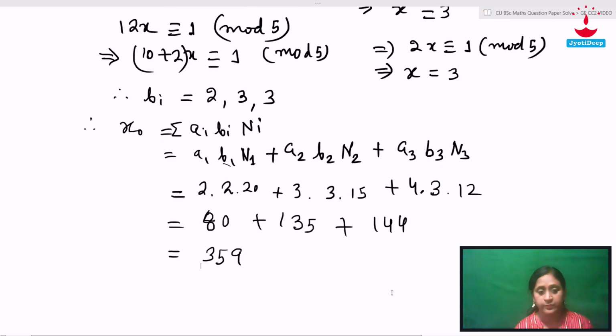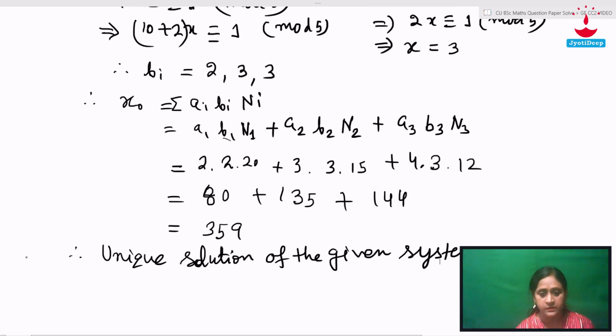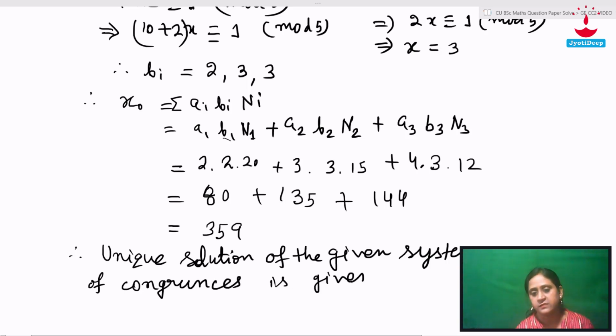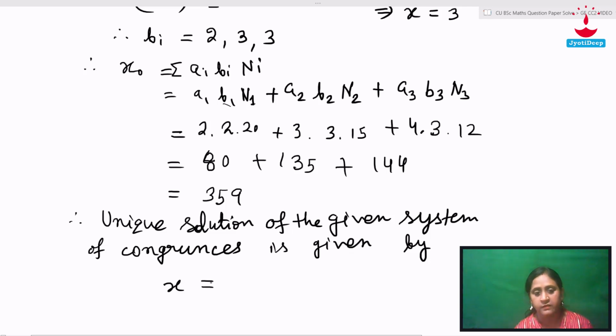So the unique solution of the given system of congruences is given by x is congruent to 359 under mod 3 into 4 into 5.